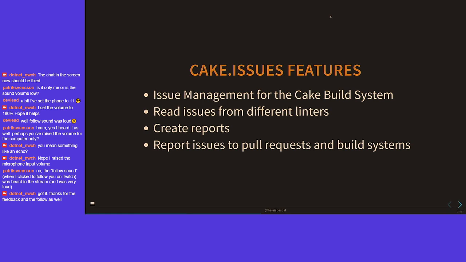It allows you to read issues from different linters or from log files created by different linters, and then create reports out of them or write them as comments to pull requests or into build systems. So it's basically an abstraction layer over different linters, different pull request systems, and different reporting outputs.